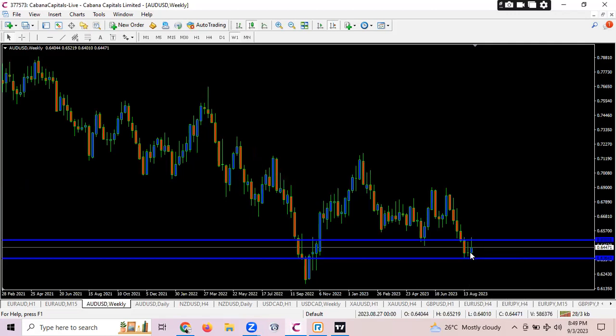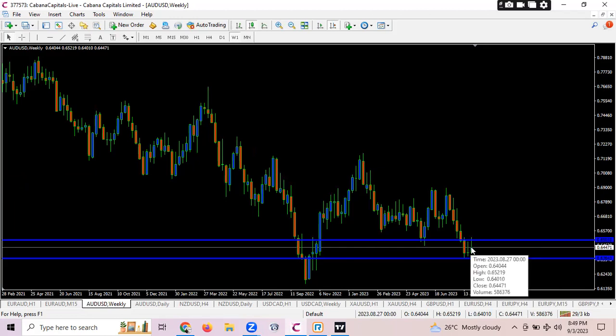So last week you would see that Australian dollar USD was bullish. Now, when you're trading candlestick formation like doji, you are expected to wait for the next candle to close bullish before you execute a buy trade.